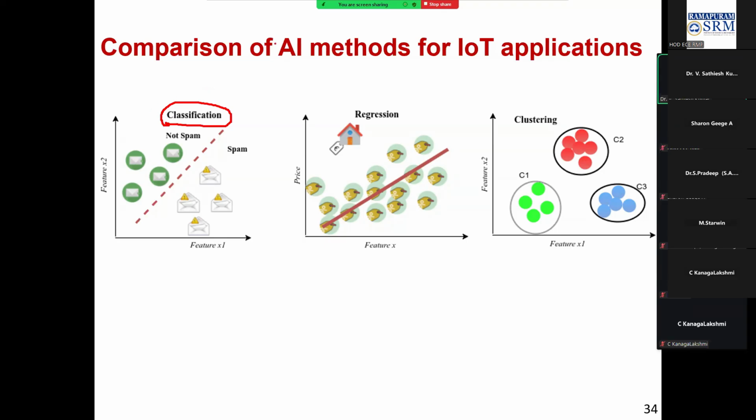We can also do some regression analysis. Regression is something like estimating a quantity. It is not like categorizing. Here we are going to estimate a quantity. From the data which we get from an IoT device, we should be in a position to make a prediction: what should be the temperature value after 1 month? I should not just say that temperature is high or low.